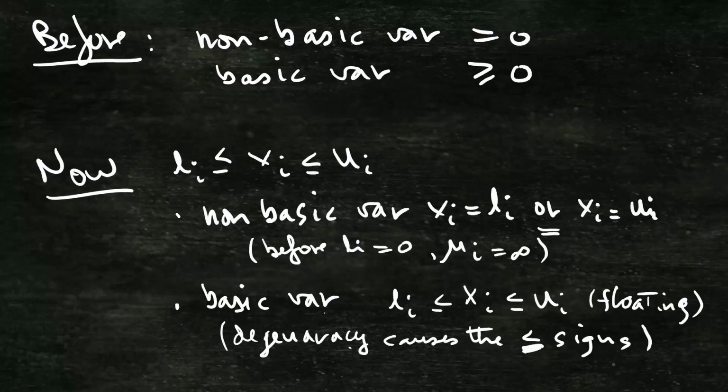We would like to be able to say that xi is strictly greater than li and strictly less than ui, which you would like typically, but because of degeneracy you also have to allow, just like we allowed greater or equal to 0, less than or equal signs here. We will refer to non-basic variables when they're at their endpoints and basic variables when they are floating, but they could also be at their endpoints. This is the concept that we will be using, and we can move on to some of the other things.